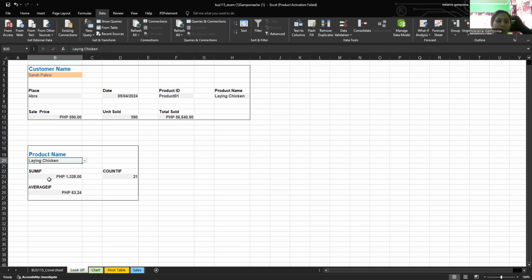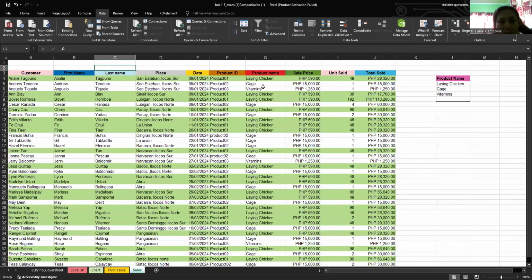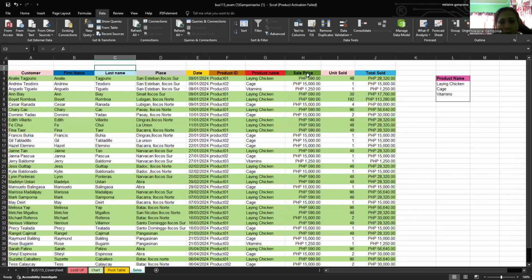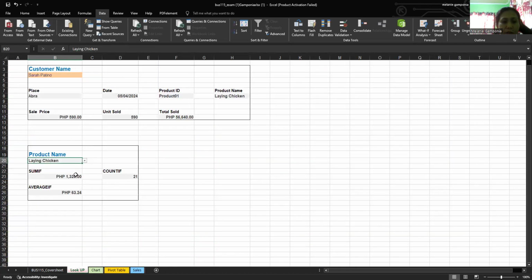So I used the SUMIF formula, with the sales product name, then B20, and then the sales unit sold, which is I4 to I41. The same goes for AVERAGEIF and COUNTIF. I made these formulas.